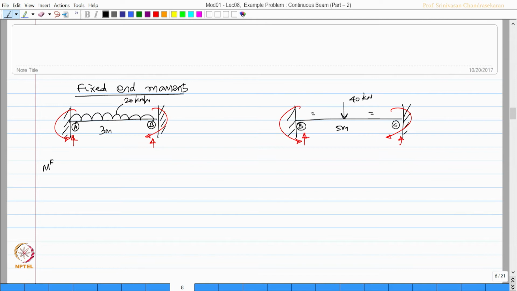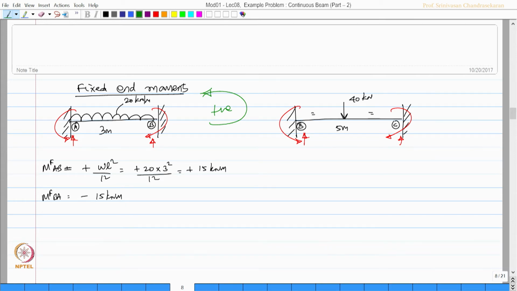MF AB will be plus W L square by 12, which is plus 20 into 3 squared by 12, which will be plus 15 kilonewton meter. MF BA will be of the same value, but minus 15 kilonewton meter, because of the simple reason anti-clockwise moments are positive.